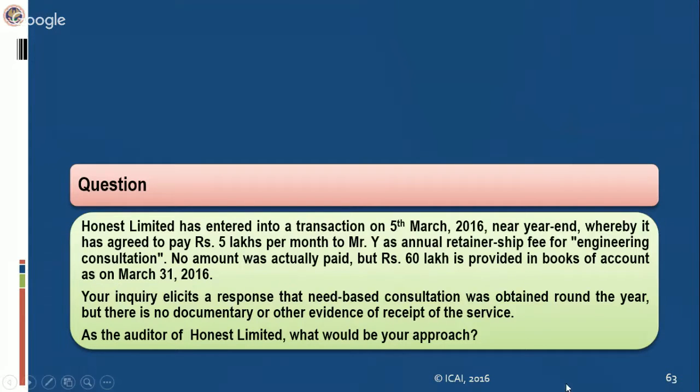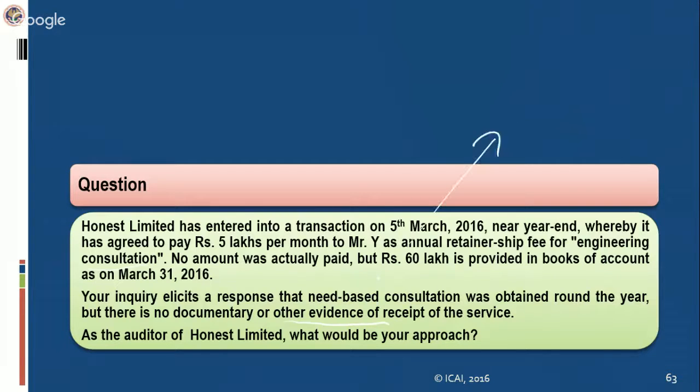As you can see here, the company has entered into an agreement where consultancy will be provided by Mr. Y, but in actual, the auditor did not find any receipt, did not find any evidence of receipt of such service, but the company has provided rupees 60 lakh in the books of account without paying any amount. Now what you see here, a fraud has been attracted.